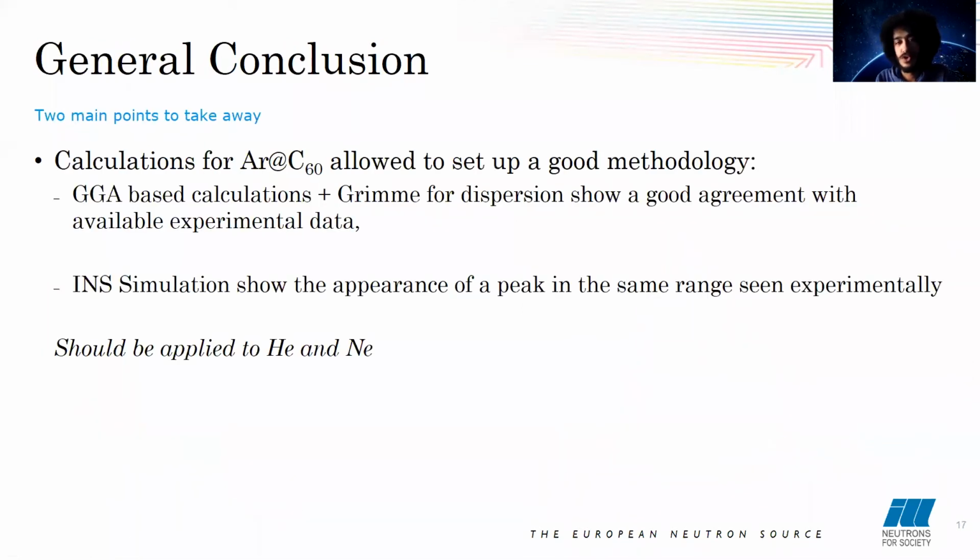Okay, so before we end, if there are only two points that you can take away from all of this, it is that the calculations for argon inside C60 have allowed me to set up a good starting point, where GGA-based calculations with a semi-empirical van der Waals dispersion show good agreement with the available experimental Raman data, and that the inelastic neutron scattering simulation shows the appearance of a peak in the same range, around 10 milli-electron volts, as the one seen experimentally for helium and neon.